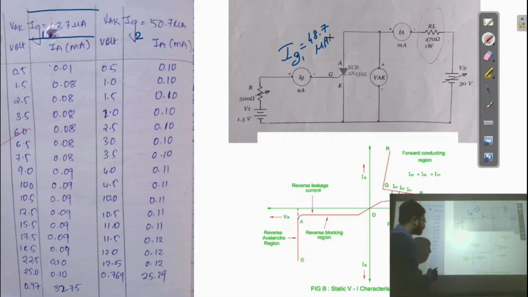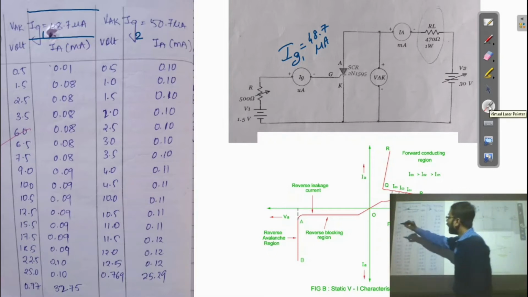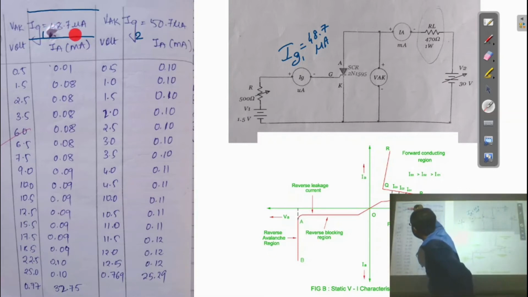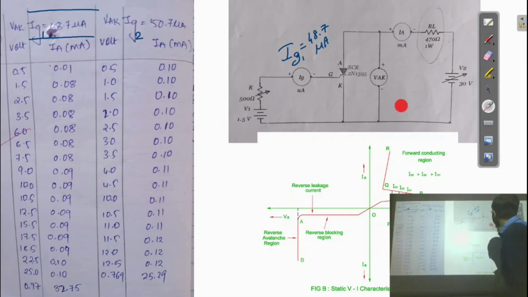As you can see, we have set 48.7 microampere. We will note down IA, the amount of current flowing through the circuit, and the potential across the anode and cathode, that is VAK.